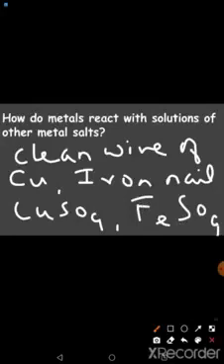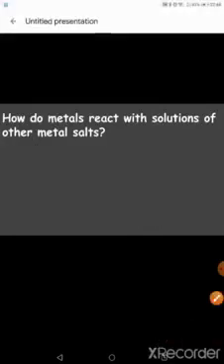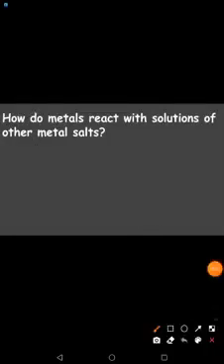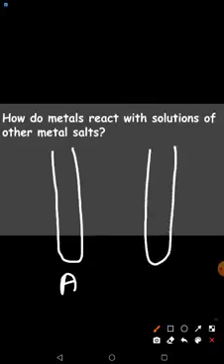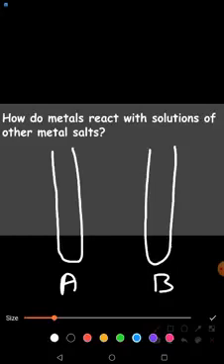Now you have to take 2 test tubes. Name them test tube A and test tube B. In test tube A you have to take copper sulfate solution.